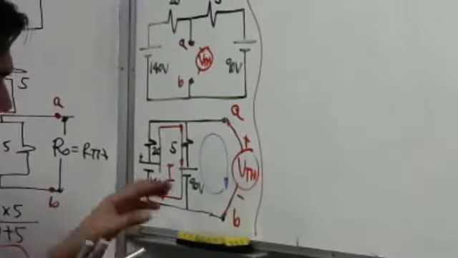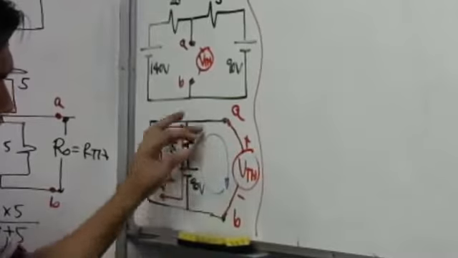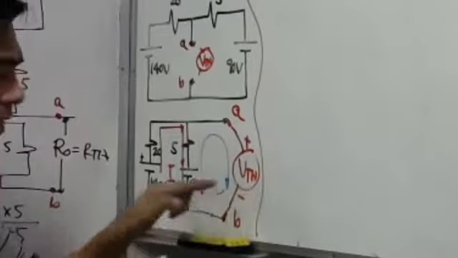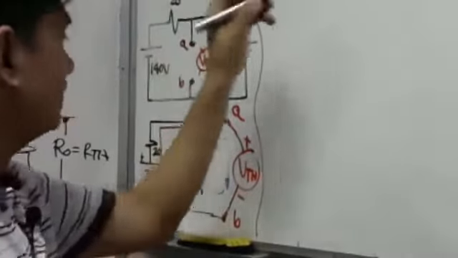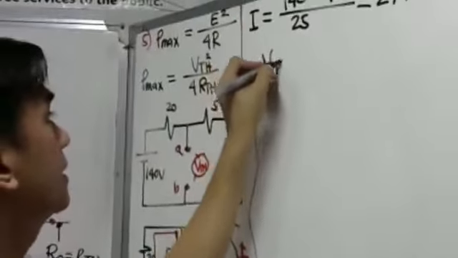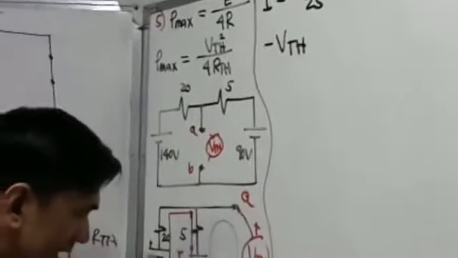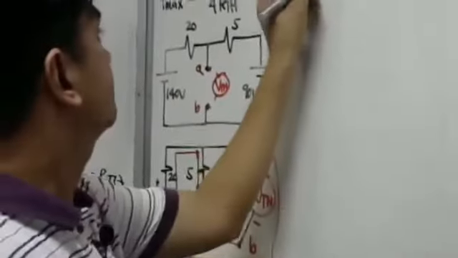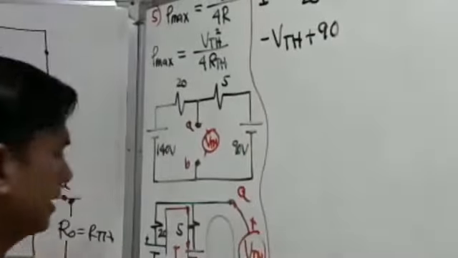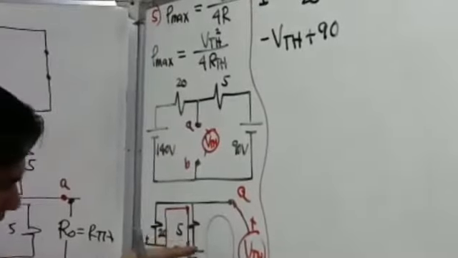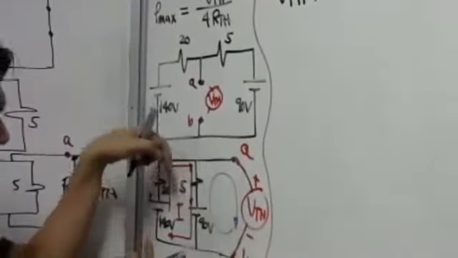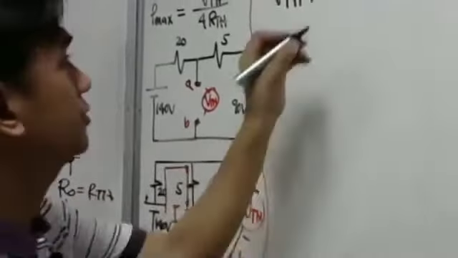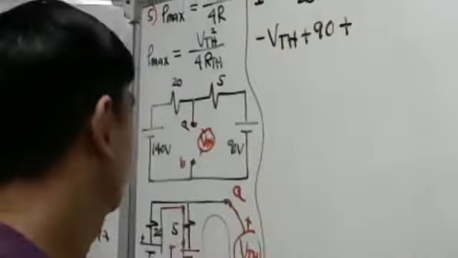By Kirchhoff's voltage law, take a look here. Our circuit tracing leaves on the negative terminal of the battery, that is why it is negative VTH. Then it leaves on the positive terminal of 90 volts, so this is positive 90. Then, the circuit tracing is going up and the current is going down. Two directions.